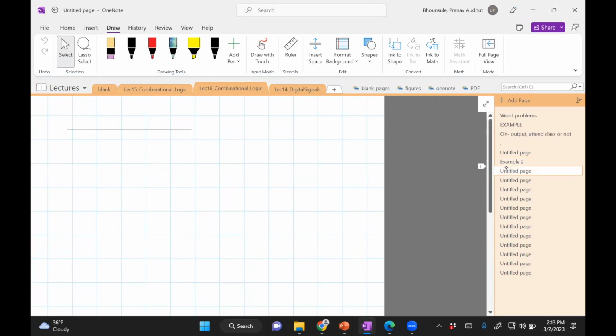The next step is to write quasi-logical statements. So these are statements which we'll write in plain English, and then we can transcribe them as Boolean expressions.